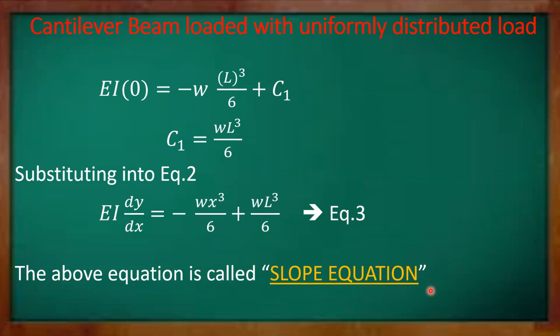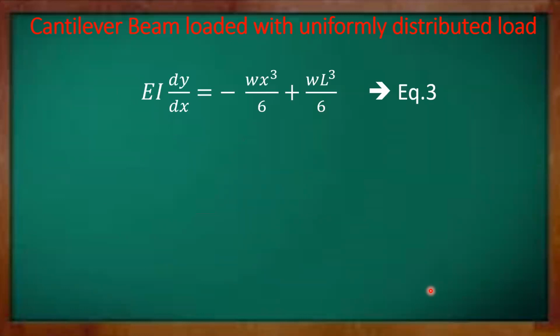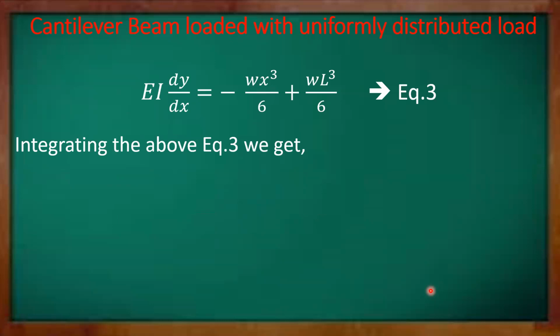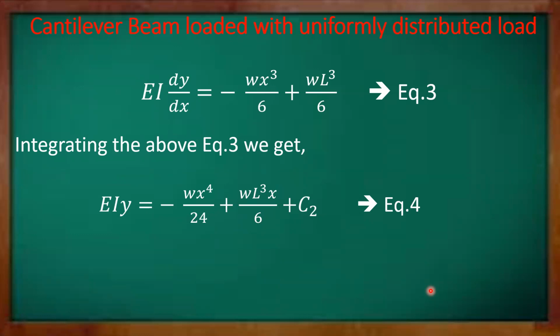Again, we take the slope equation and integrate it again, and we will get our deflection equation. So upon integration of equation 3, we get EI y is equal to minus w x power 4 by 24 plus w L cube x by 6 plus another constant C2. Let this be equation 4.